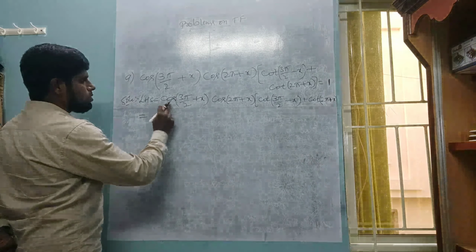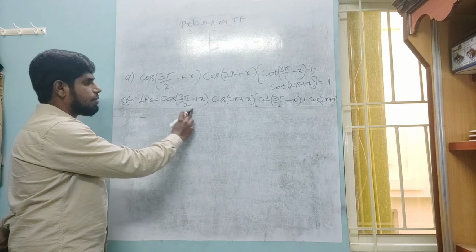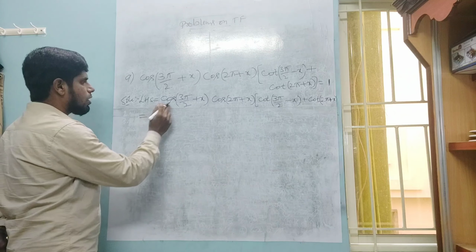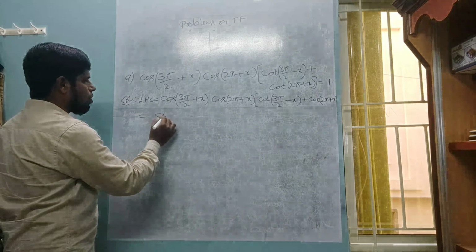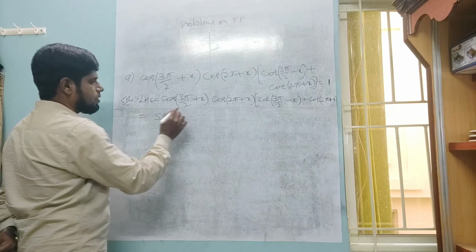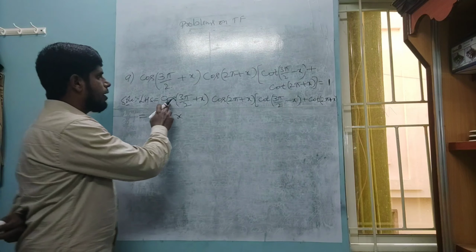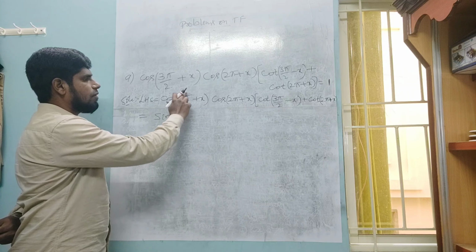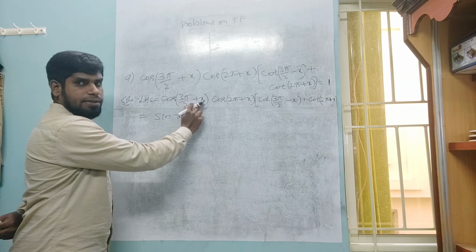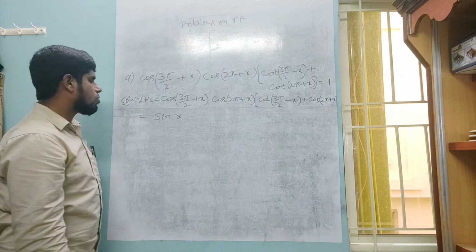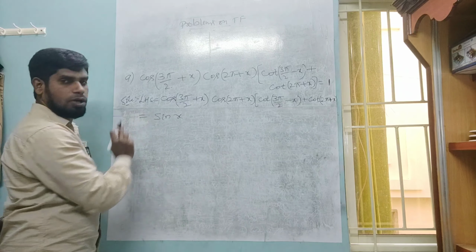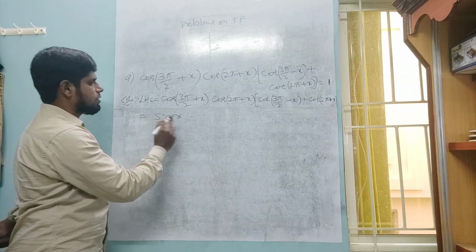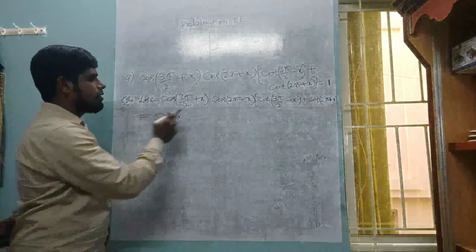Cos 270: 270 means ratios become co-ratios, so cos becomes sin x. And 270 plus means fourth quadrant. In fourth quadrant, cos is positive, so this is sin x only.